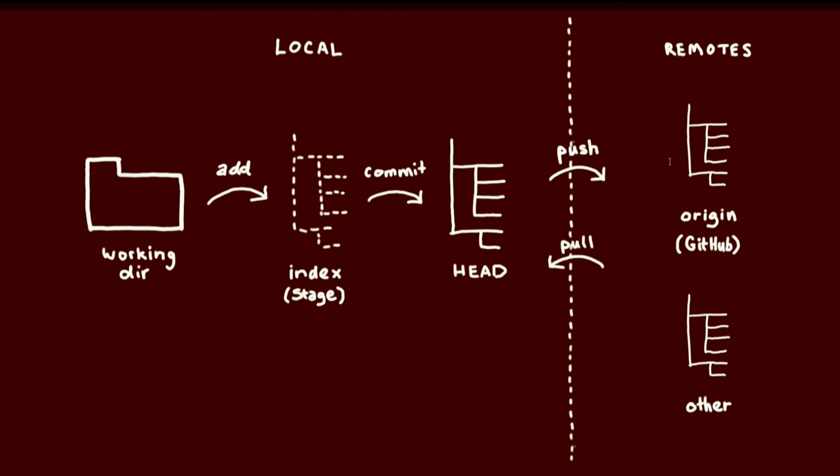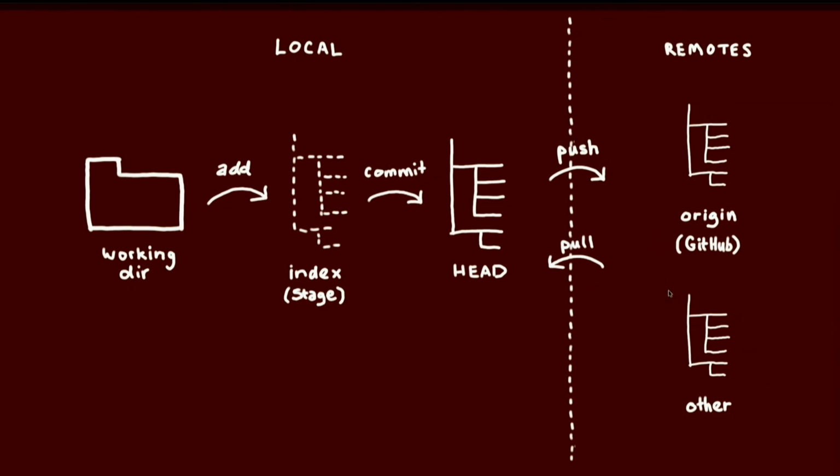So you have no remotes when you just do a git init. But you can add one. Git remote add, and we named it origin. Git remote add origin, and then the URL of our GitHub repository. So your remote could be named something other than origin, but origin is typical for the remote that is going to be kind of your source of truth. In our case, GitHub. So git remote add origin, and then the second command was git push.